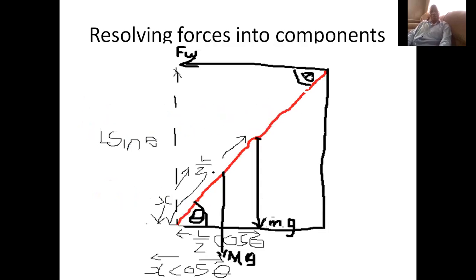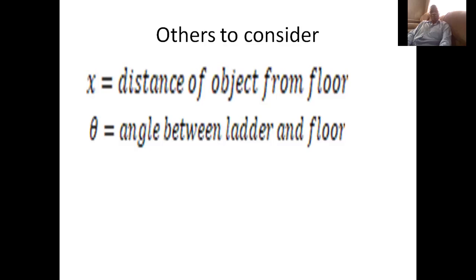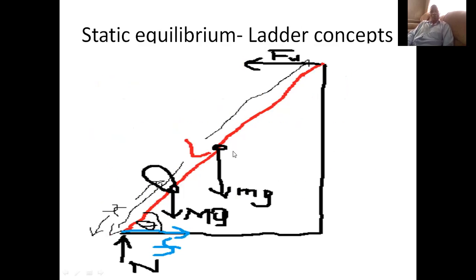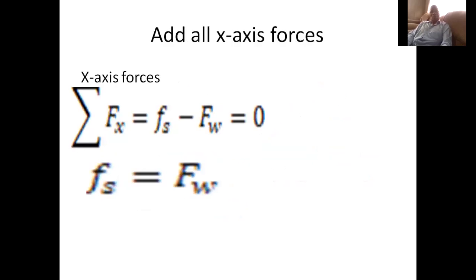As I indicated, the downward forces are mg, the weight of the ladder, and mg, the weight of the object, and the other force, going up, opposite to these and vertical, is n, the normal force exerted by the floor on the ladder. When you add all these three forces here, they should add up to 0.